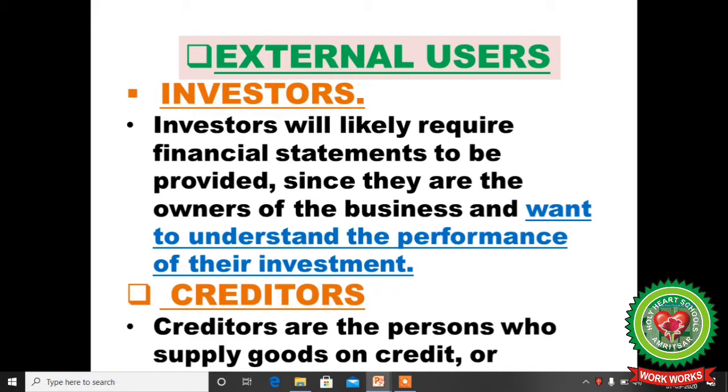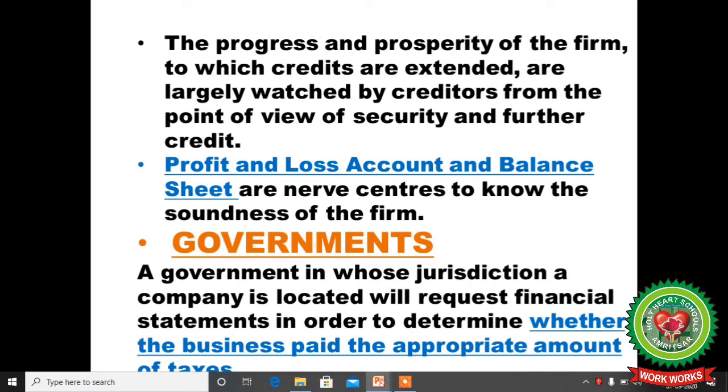The creditors are the persons who supply goods on credit. The progress and prosperity of the firm to which credit is extended are largely watched by the creditors from the point of view of security and further credit. Suppose the creditor has given credit of 50,000. Now the company demands more credit, like 20,000.